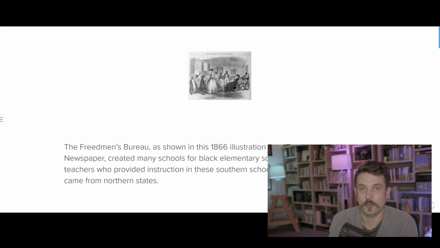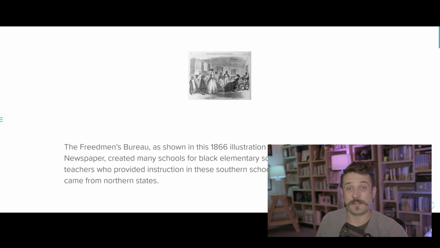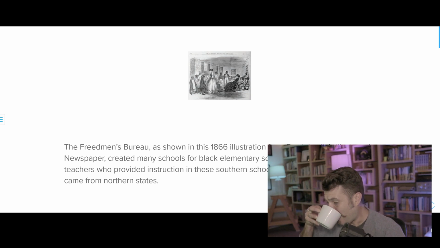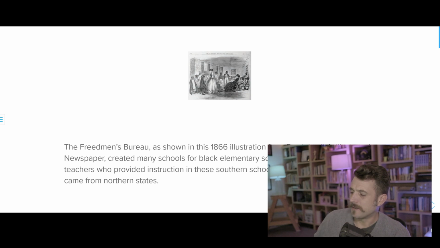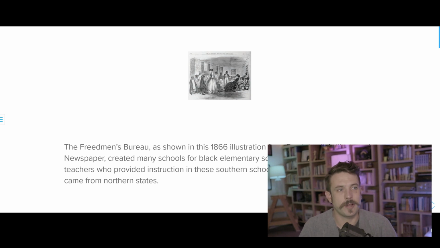And when you hear the term radical Republicans, they're the ones that are usually more on this line of like, we need equality and we need to push to secure stability for people. It's not just enough to free folks from slavery that way. And that's a difference between Abraham Lincoln and Thaddeus Stevens and some of the more radical Republicans.